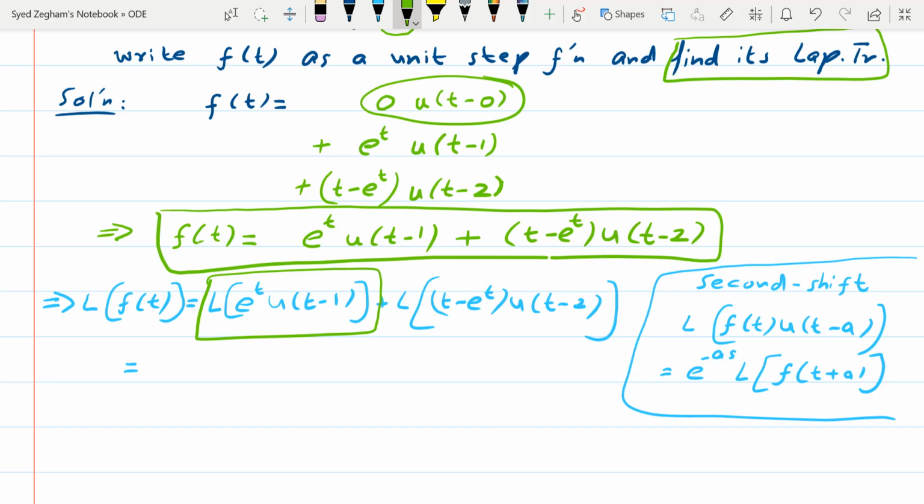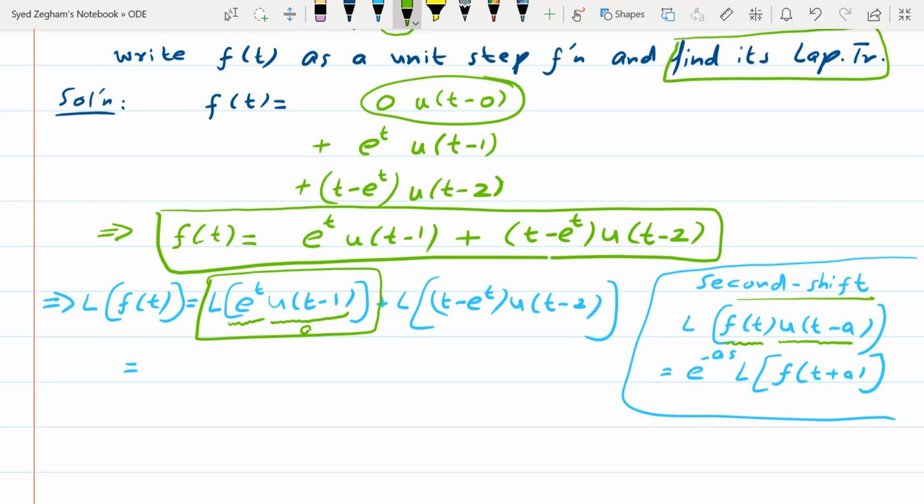Now if you compare this term which I have put inside this green box with the second shift, see what is the form here, Laplace transform of f(t). So my f(t) here is e to the power t, right? Then again go to the second shift, u(t minus a). Here I have u(t minus 1).